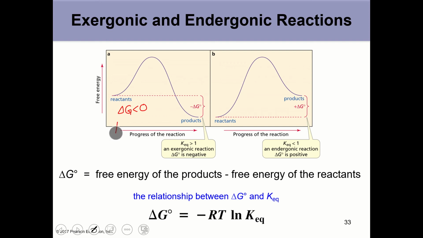And KEQ is greater than 1. Products are favored and the reaction is exergonic. Exergonic. Energy exits.